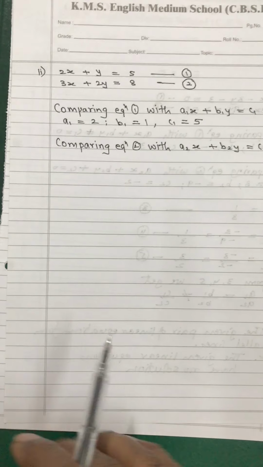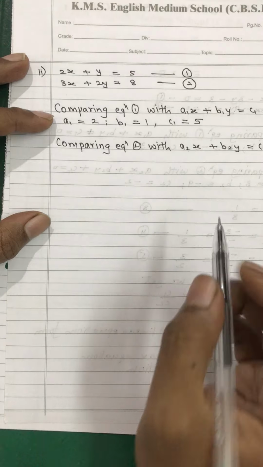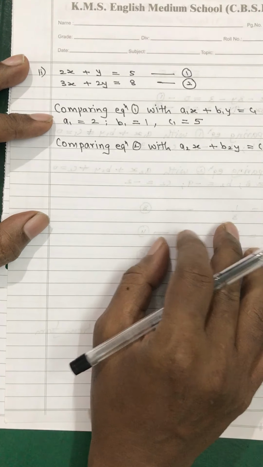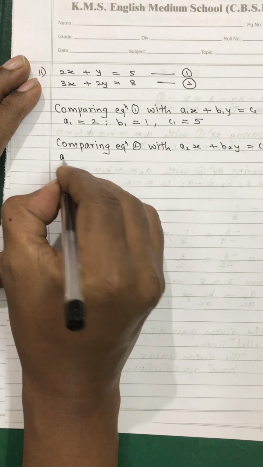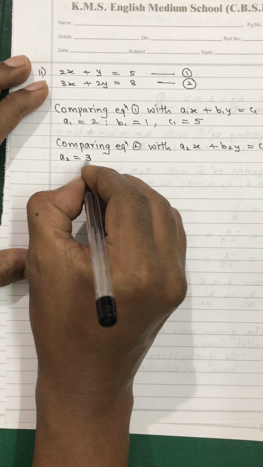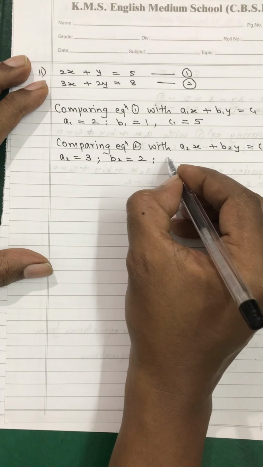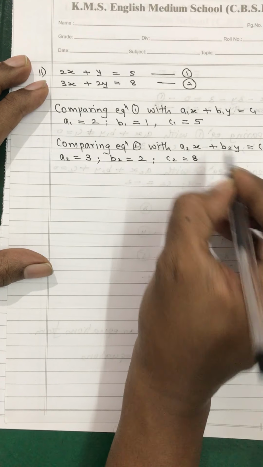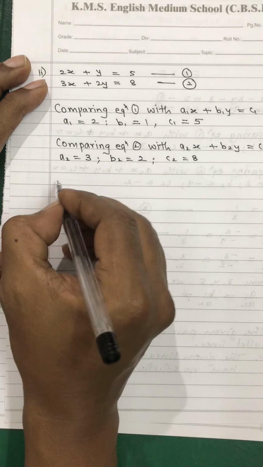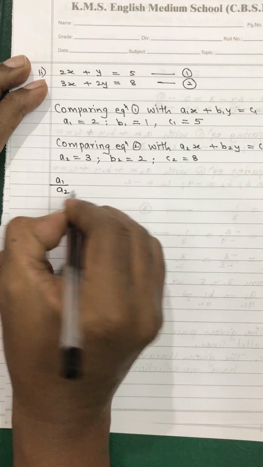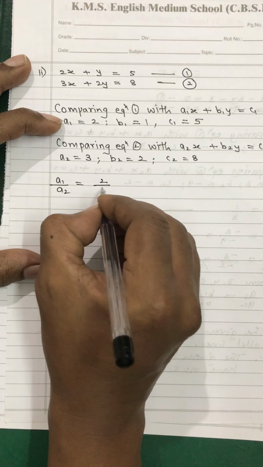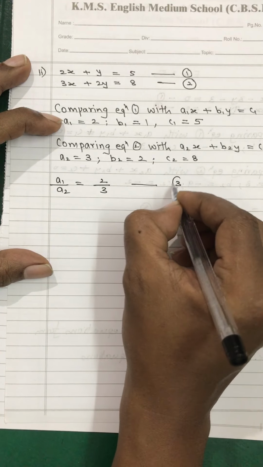So you have to be very careful with the standard form when you are dealing with the cross multiplication method. So you get a2 is equal to 3, b2 is equal to 2, and c2 is equal to 8. So a1 upon a2 is equal to 2 upon 3.